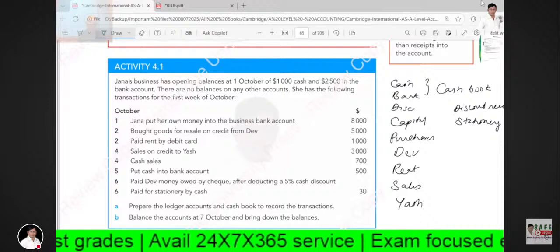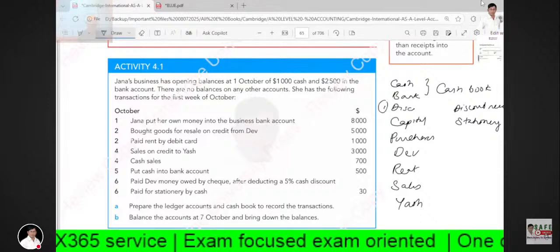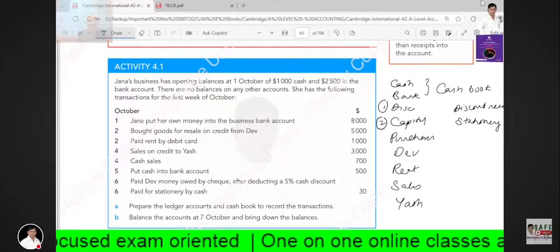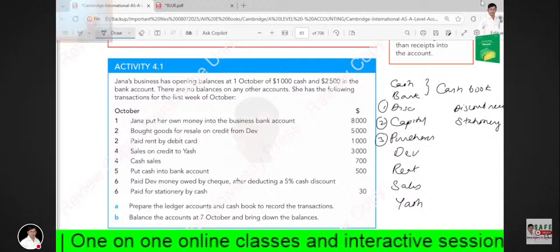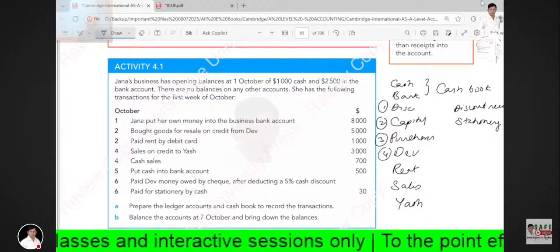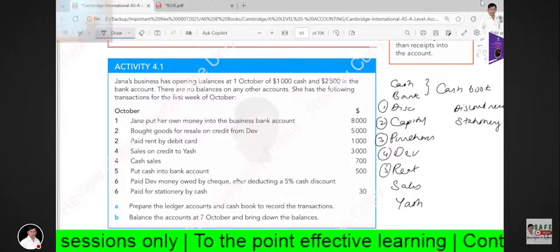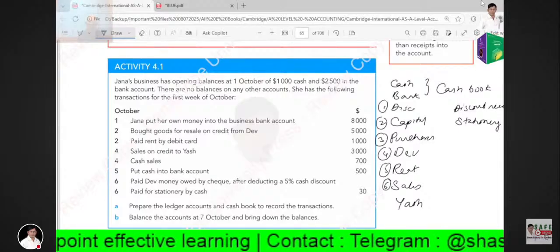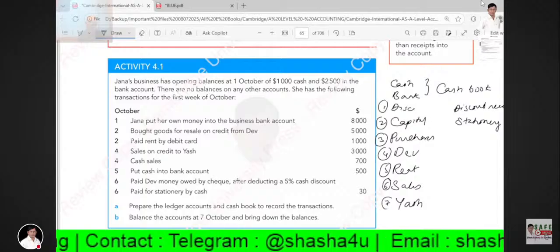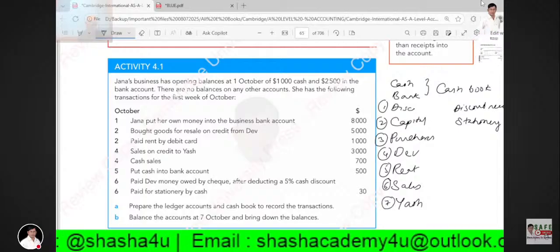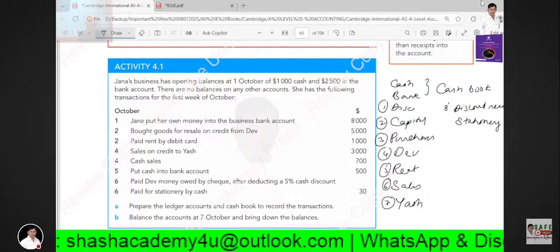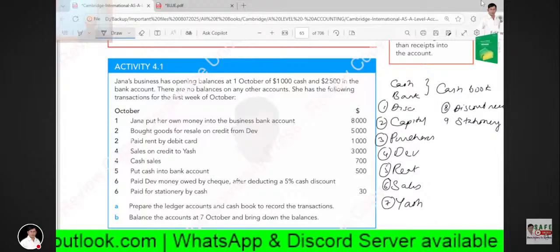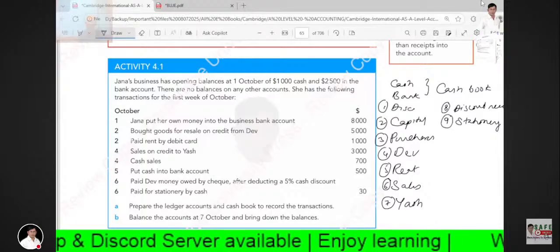So how many accounts do we need to prepare? 1, 2, 3, 4, 5, 6, 7, 8, and 1 cash book.